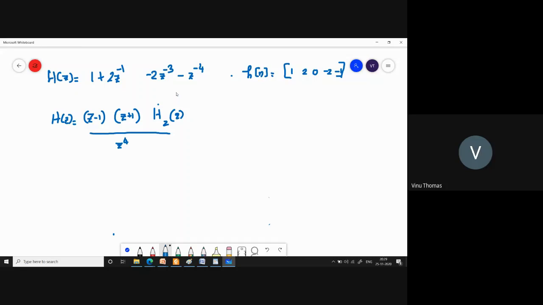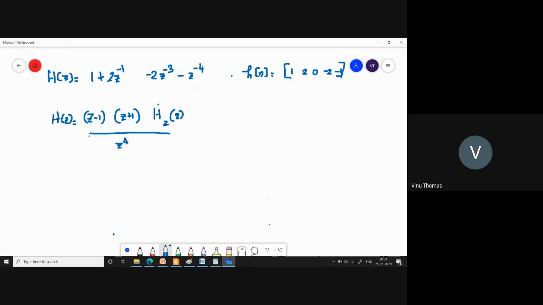And if the anti-symmetric polynomial has a length that is odd, you can definitely say that you have a 0 at z equal to plus 1 and a 0 at z equal to minus 1. So that's a very helpful observation. That helps you in factorizing higher order polynomials. So in this case, you have a fourth order polynomial, which you have very easily factorized by observing that it is anti-symmetric, and you see that the central sample is a 0.